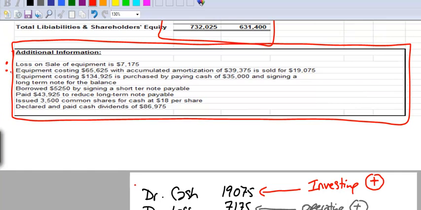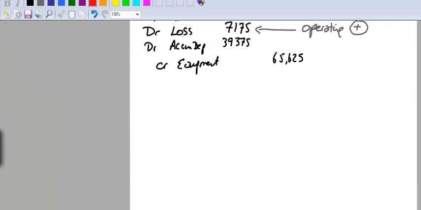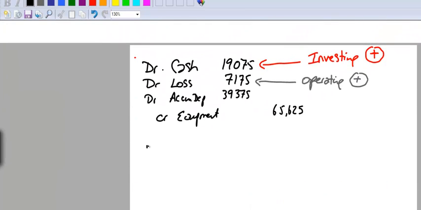The other bullet point says equipment costing $134,925 is purchased by paying cash and signing a long-term note for the balance. So by paying cash, that's my cash outflow. I just paid cash in that period of $35,000. Let's journalize it. You're going to debit equipment, credit cash, and credit notes payable, and it's a long-term note.